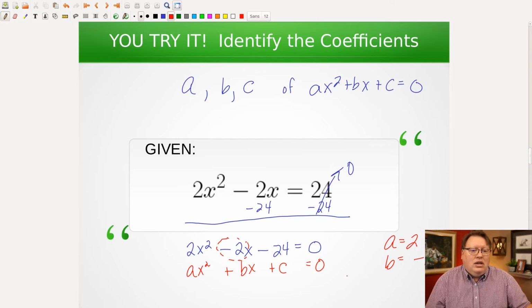Okay? And notice how I'm writing my negative away from the equal sign. We don't want the negative to get lost in our equal sign. And here we have a c. Well, this is a minus 24, so we want to pull the sign with that. So c has a value of negative 24. All right? And then we're done. So these are our coefficients that we would use to substitute into and solve our quadratic formula.